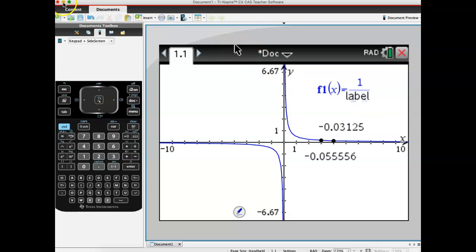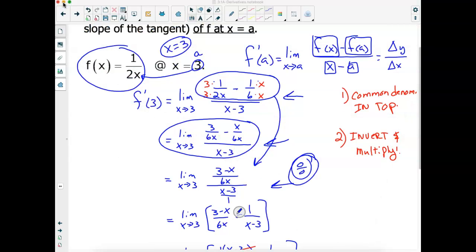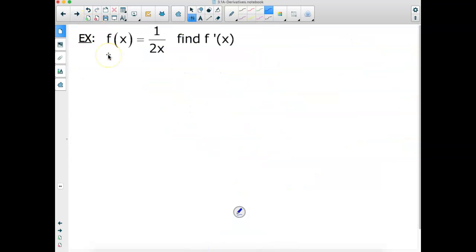So I'm already a long ways into this. And the next one we're going to find the algebraic derivative of this exact same function. Then I think we're done with yesterday's note sheet.